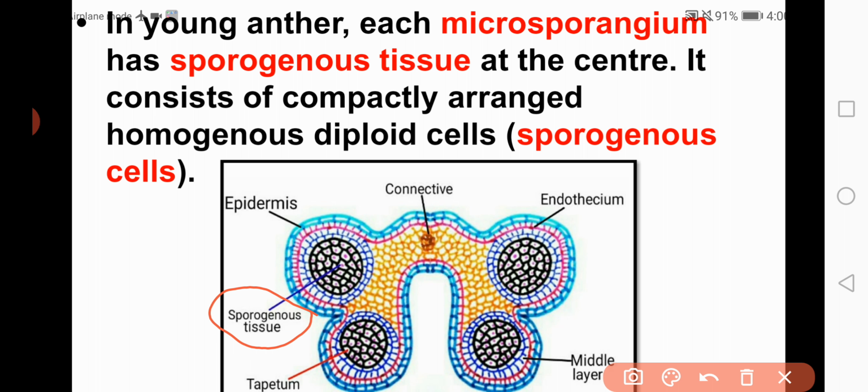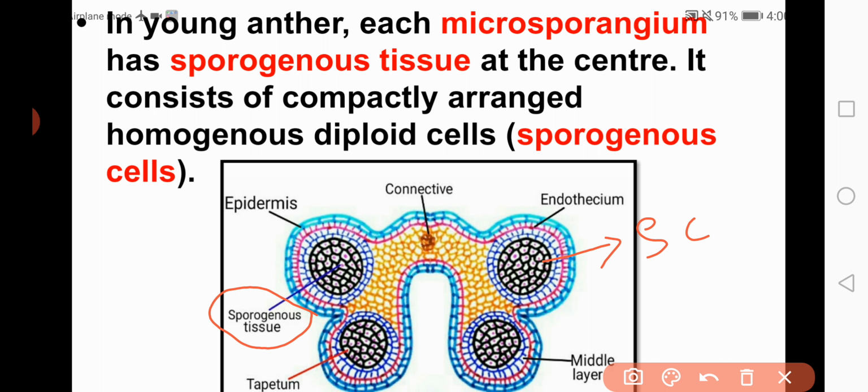This sporogenous tissue is composed of a mass of cells, and each cell is called a sporogenous cell. And this sporogenous cell is diploid in nature.